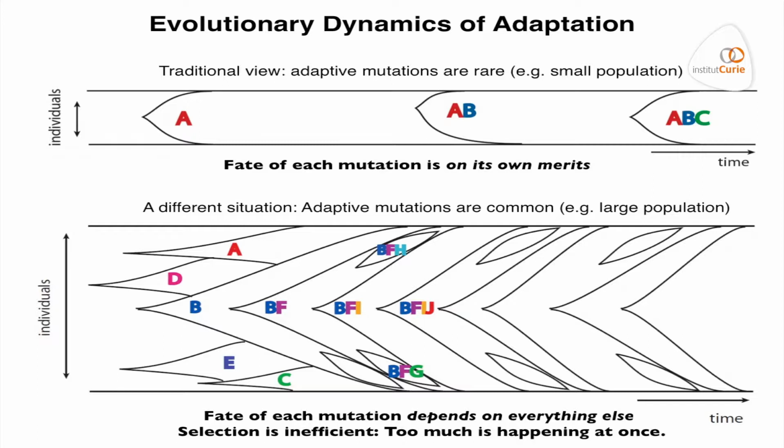And so the traditional view that most people have in mind when they think about how this process works is pretty simple. The idea is that the limiting factor in how populations adapt is waiting for rare mutations to occur. The idea is that mutations are some rare, precious thing.